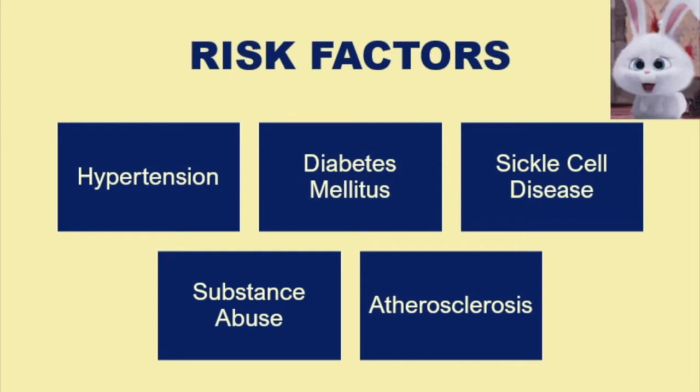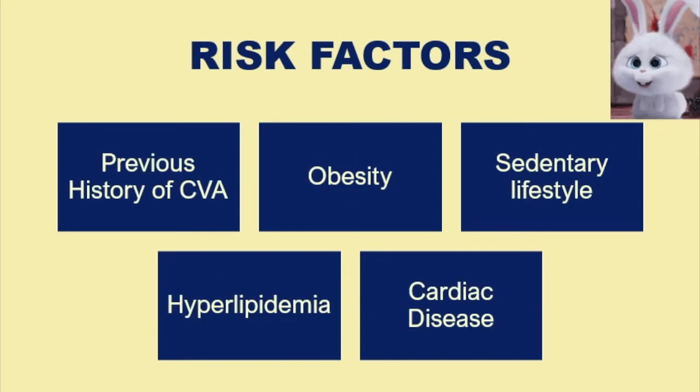Substance abuse may result in vasoconstriction, which would decrease the blood flow going towards your brain. And then, class, it may also result in vasodilation. Too much vasodilation would still increase your ICP because of too much blood going towards your brain. And then atherosclerosis, as I previously touched on. Then you have your previous history of CVA.